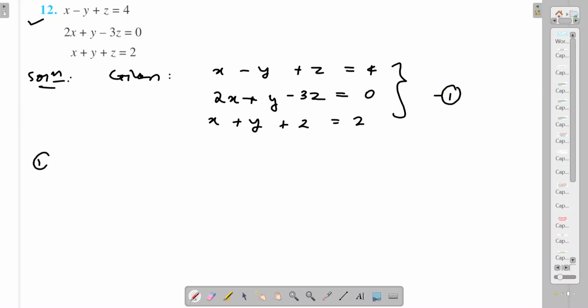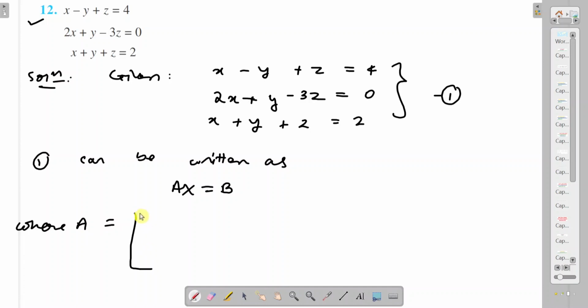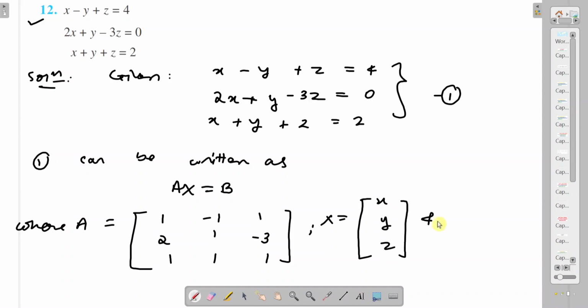Okay, so 1 can be written as AX equal to B, where A is the matrix 1, 0, minus 1, 2, 1, minus 3, and 1, 1, 1. Okay, capital X is x, y, z, and capital B is 4, 0, 2.